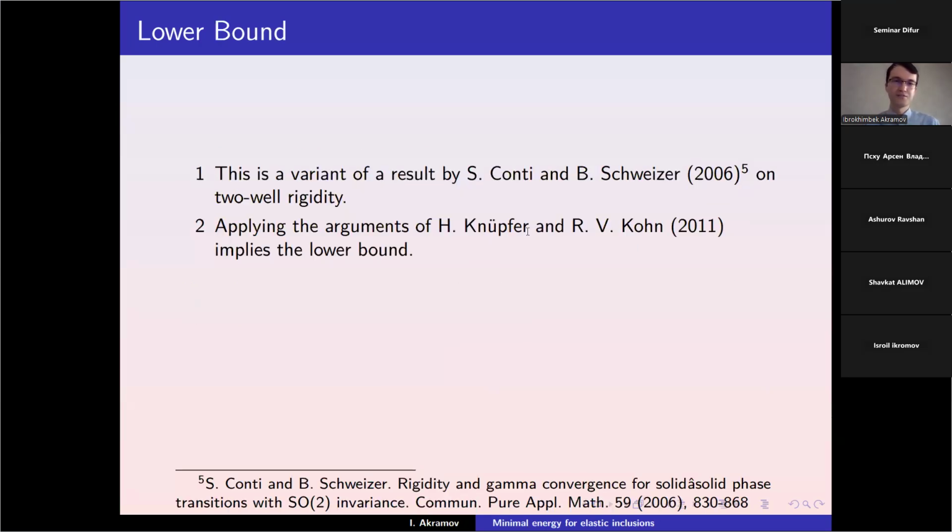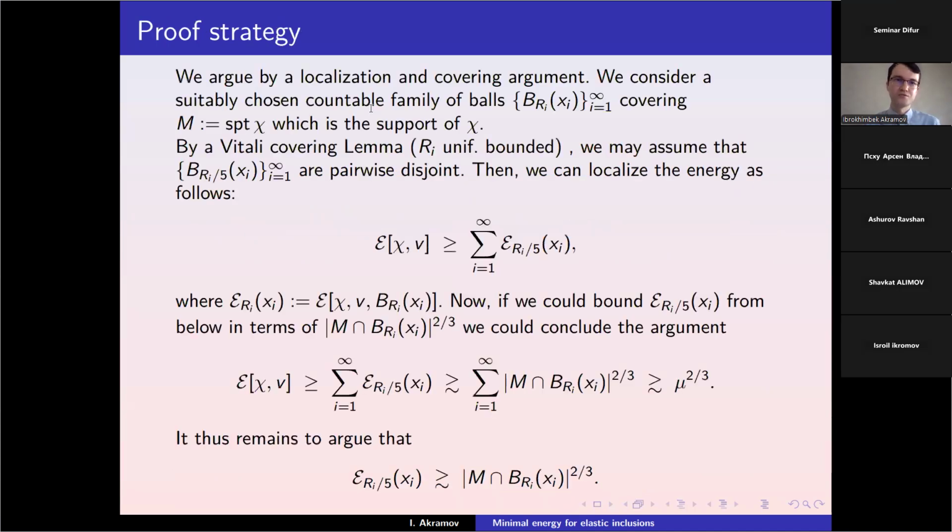And next, we apply the arguments of Knüpfer-Kohn 2011, which is a result for the geometrically linear case; we are applying the argument to the nonlinear case, which implies the lower bound.